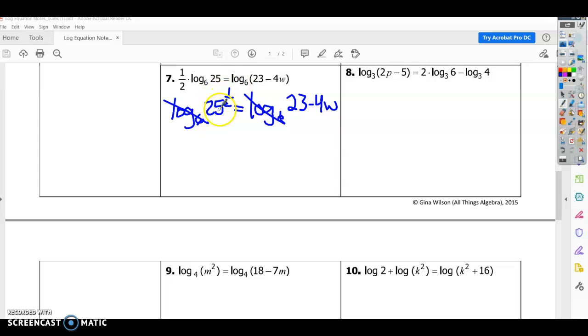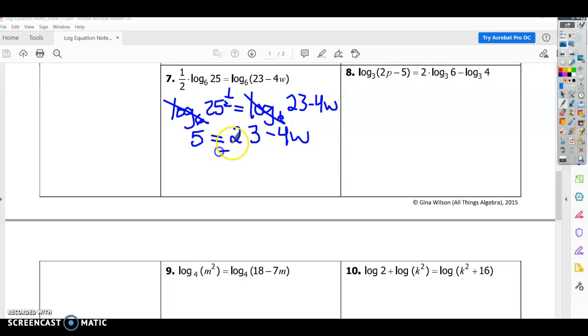If you remember when we worked with radicals or square roots, anything to the 1/2 power is the same as a square root of that. Okay, so that's from a previous lesson as well. So 25 to the 1/2 power is the same as square root of 25. Square root of 25 is 5. And that equals 23 minus 4w.